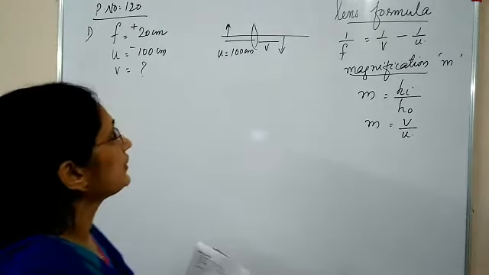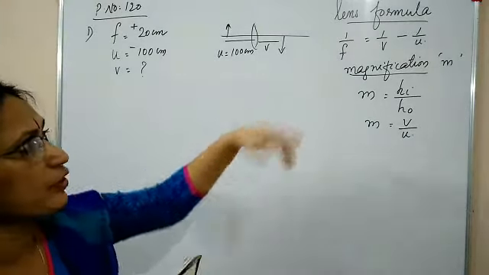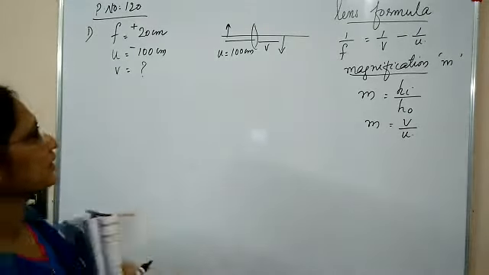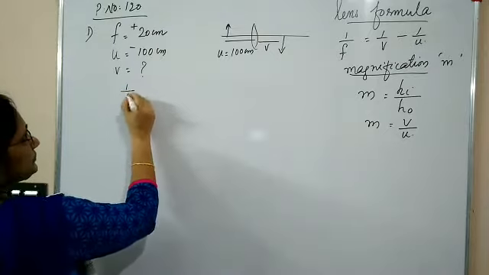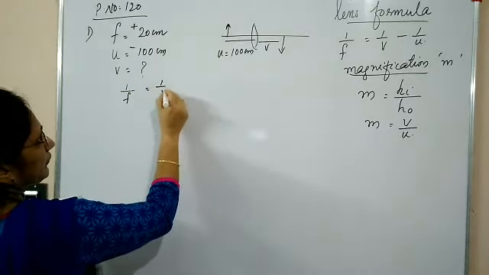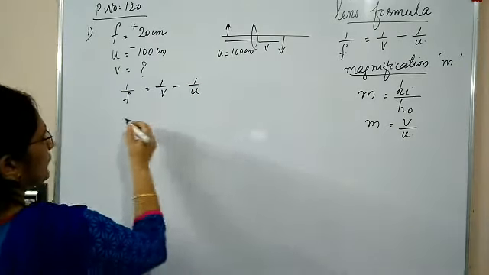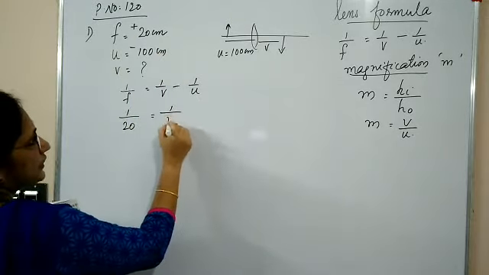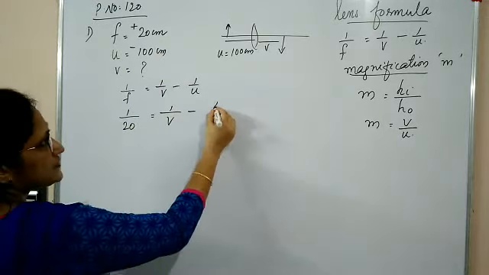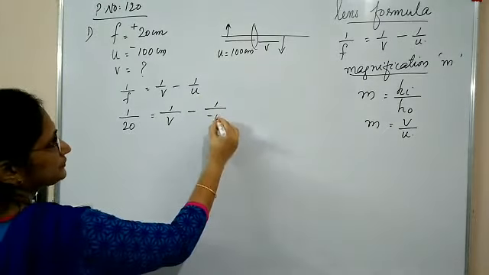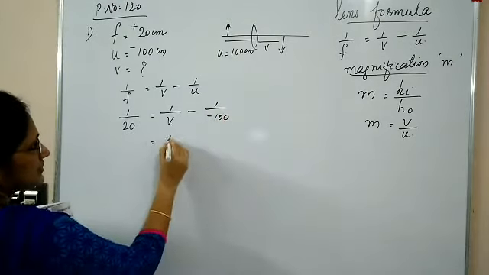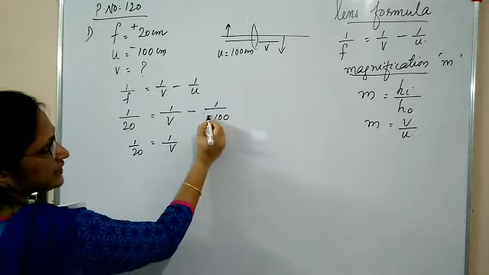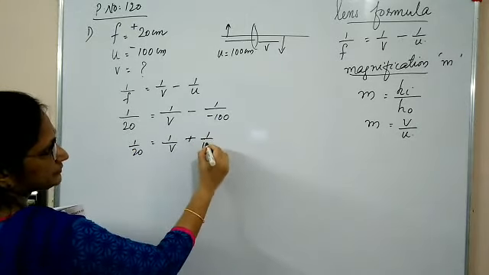Then how will you find out? You can use the formula 1 by F is equal to 1 by V minus 1 by U. 1 by 20 is equal to 1 by V minus 1 by U. That means 1 by 20 is equal to 1 by V minus, and here minus, so it will become plus.